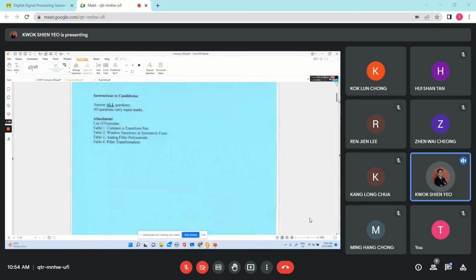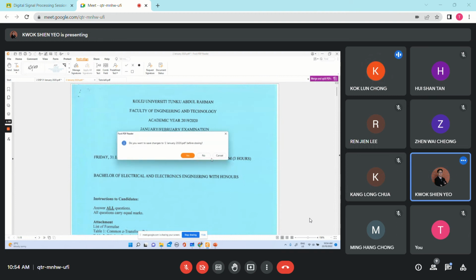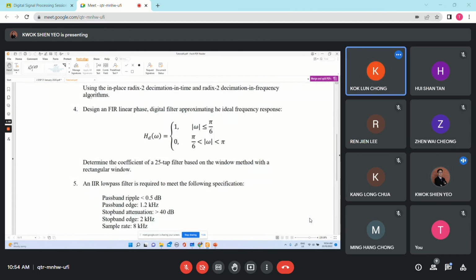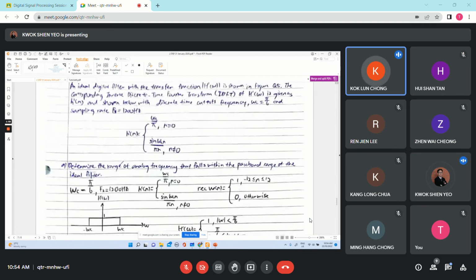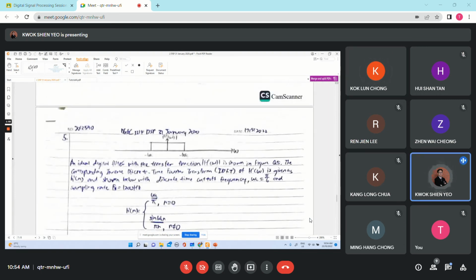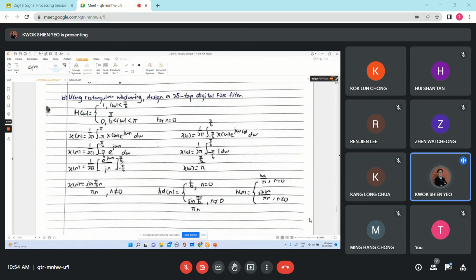Keep doing my past-year papers, that would be helpful, and also my tutorials. My answer for 5B is correct. I forgot to help you check through 5B; I give you the idea. Rectangular window, so what do you do?